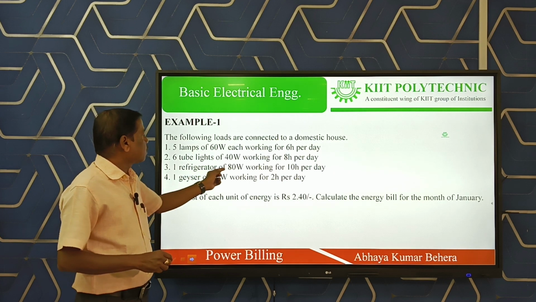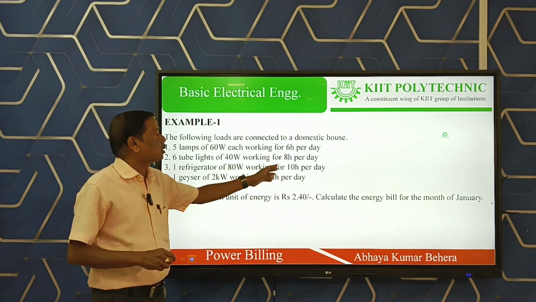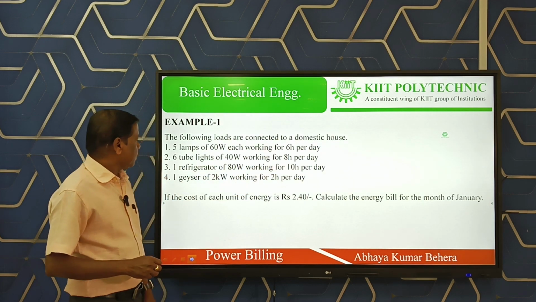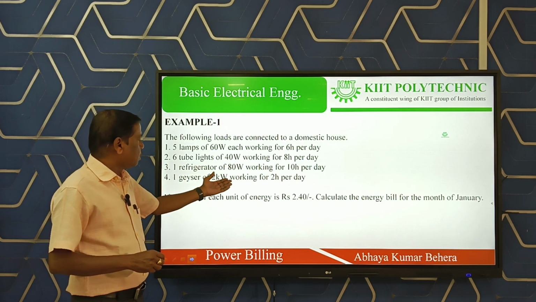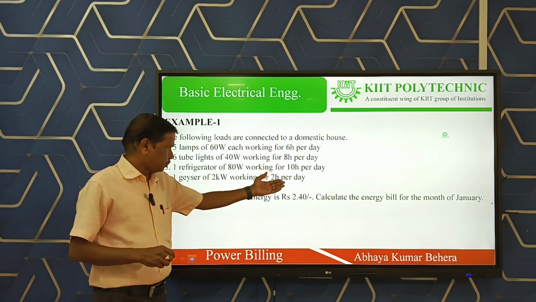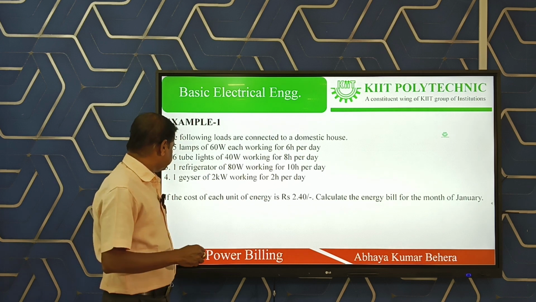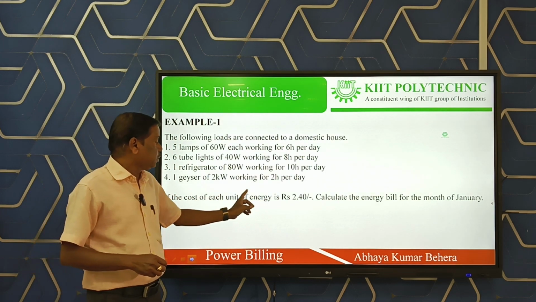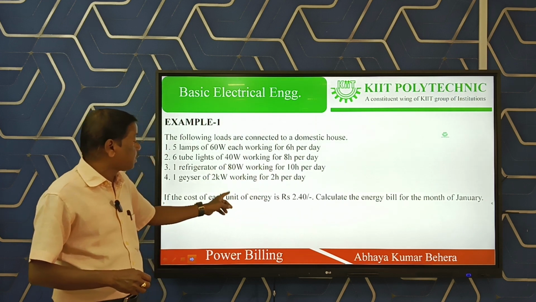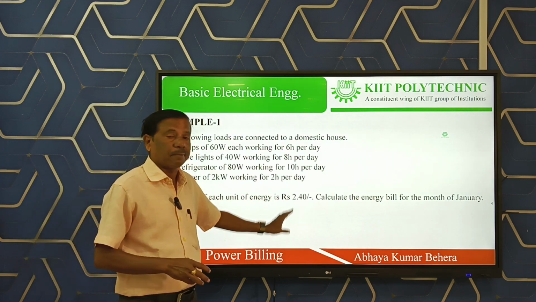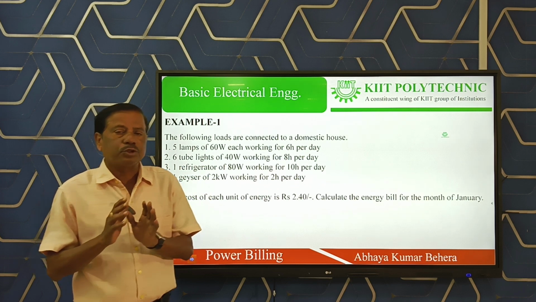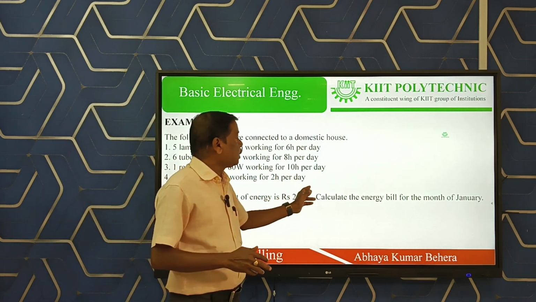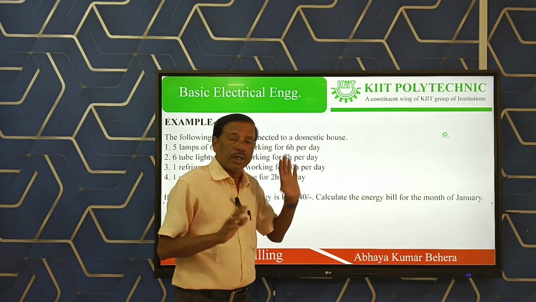Then one refrigerator of 80 watt working for 10 hours per day. Similarly, one geyser of 2 kilowatt working for 2 hours per day. If the cost of each unit of energy is 2 rupees 40 paisa, calculate the electric energy bill for the month of January.